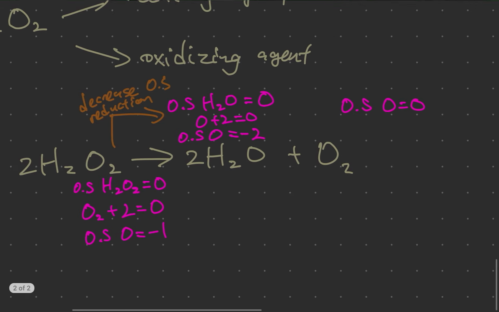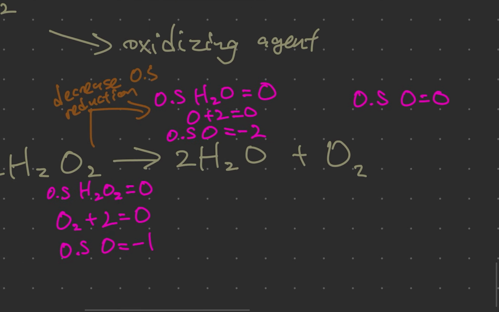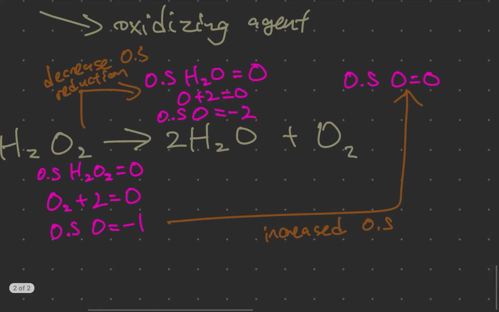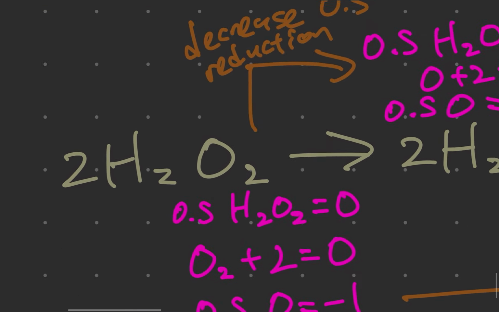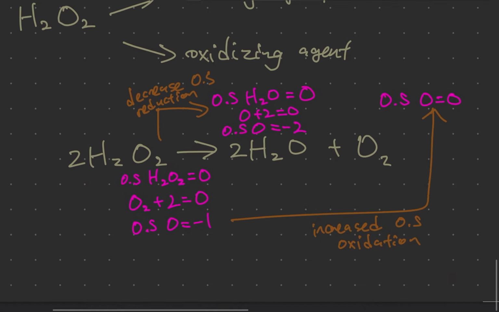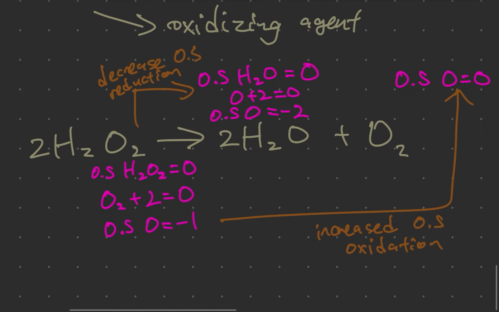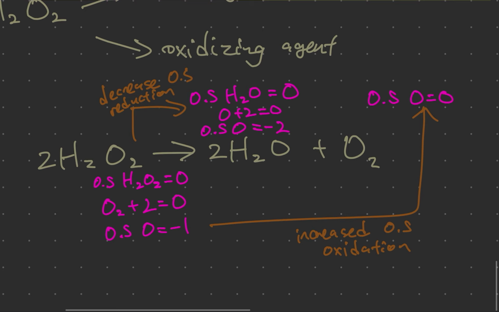But from hydrogen peroxide to oxygen, the oxidation state increased. So therefore, that will mean that electrons were lost, and therefore oxidation has taken place. So as you can see here, hydrogen peroxide can act as a reducing agent and an oxidizing agent, as it causes oxidation to occur, but at the same time it causes reduction to occur as well.